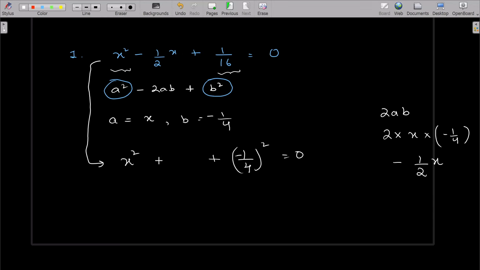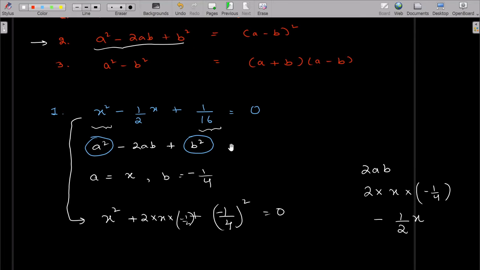So this can be written as x square minus 2 times x times negative 1/4. This will be plus. So you don't have to do all this, just check if you're getting the middle term as well. Then you can write this equation as the expression on the right hand side. So this is actually whole square of x minus 1 over 4.